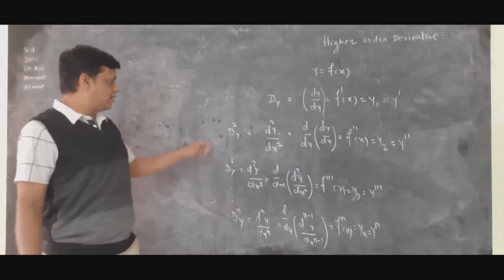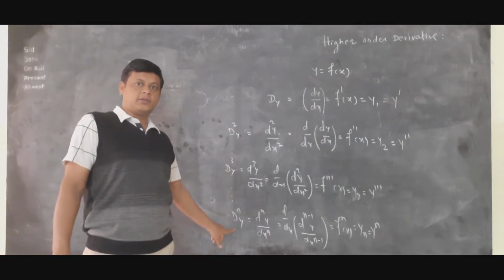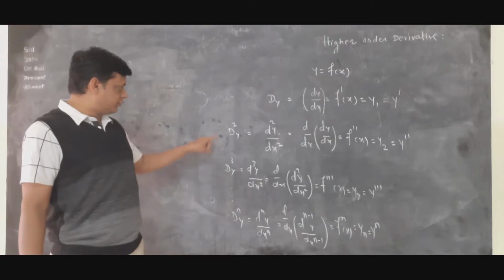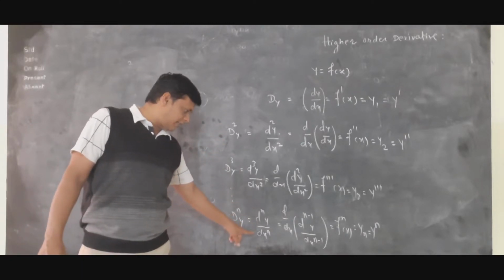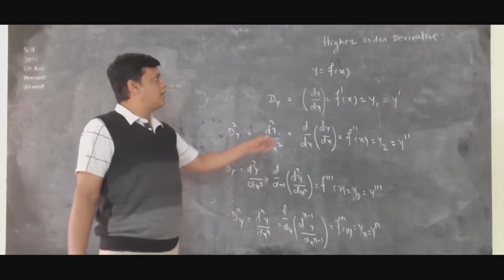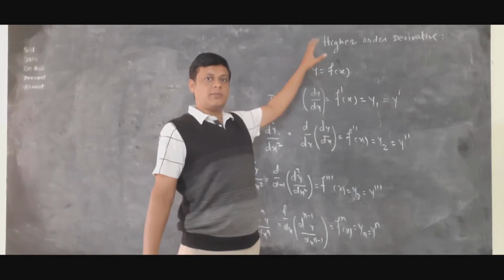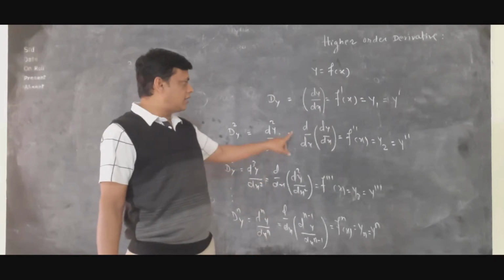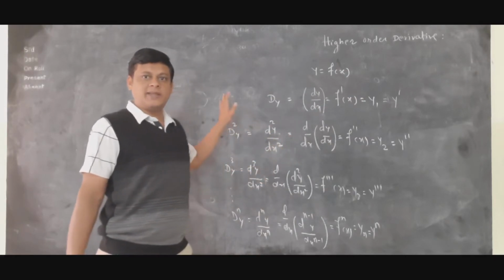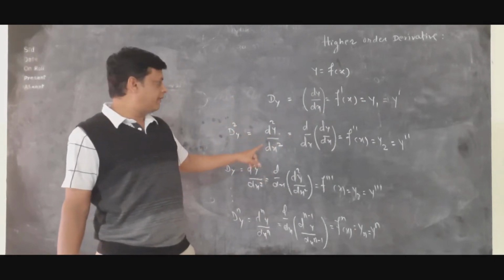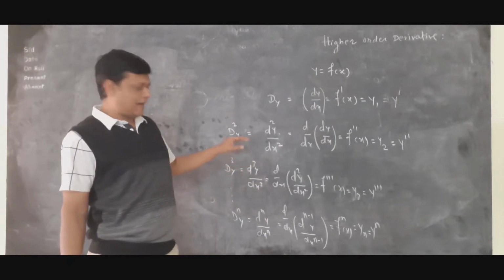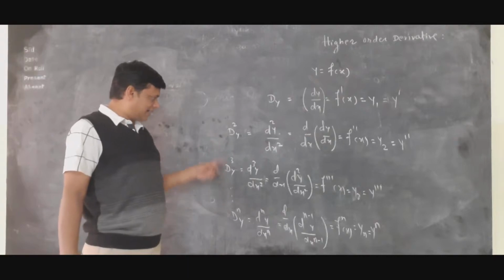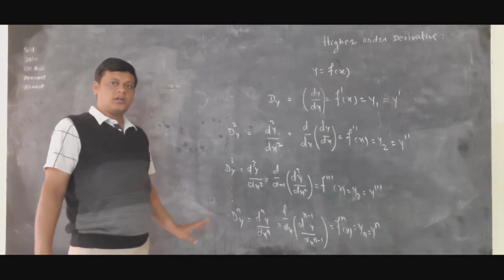In this way we denote the nth order derivative. So all these derivatives d2y by dx2, d3y by dx3 and dny by dxn are higher order derivatives. That means for finding the second order derivative, we first have to find the first order derivative, and from that we find the third order derivative, fourth order derivative, and so on. So all these are higher order derivatives.